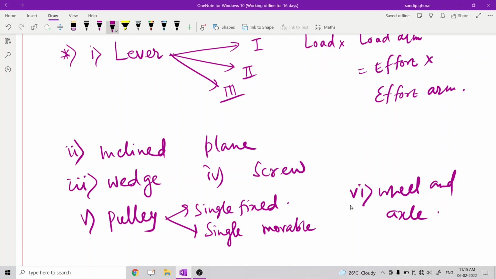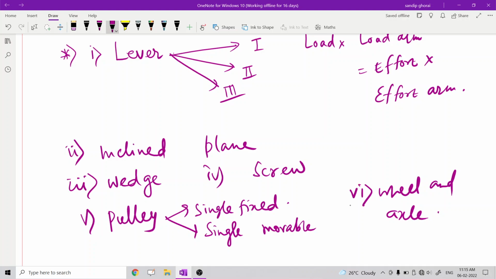The mechanical advantage of an inclined plane is always greater than 1, because mechanical advantage is the ratio of inclined surface to vertical height. The inclined surface is always greater than the vertical height, which is why the mechanical advantage is greater than 1. That means it behaves like a force multiplier.